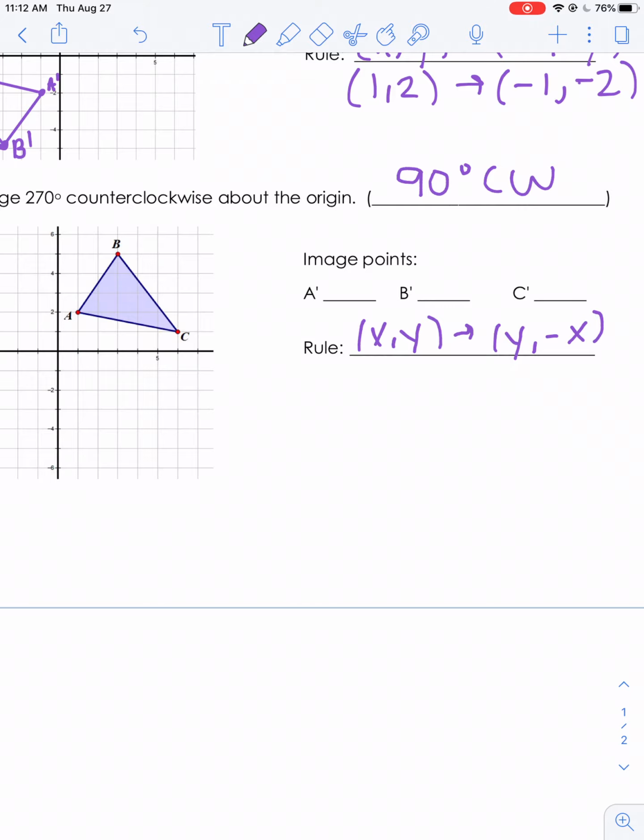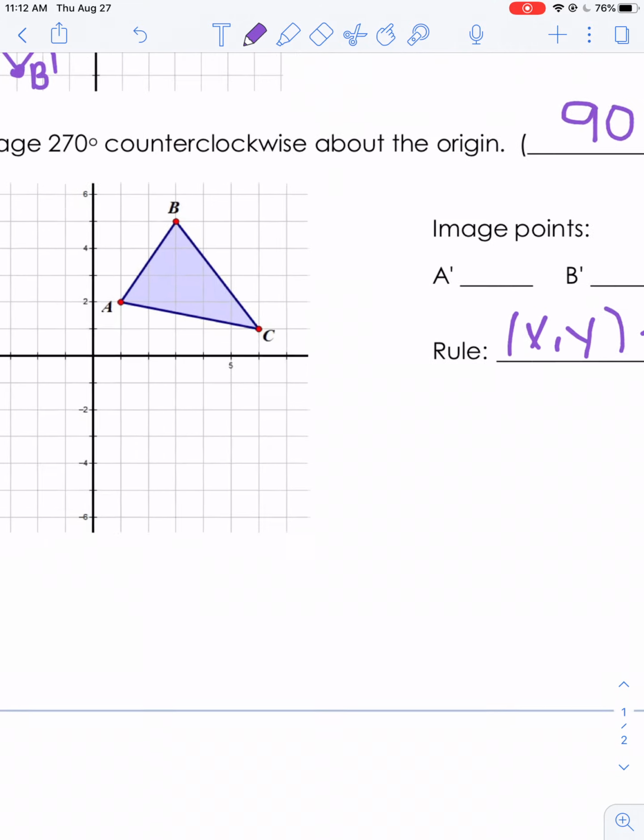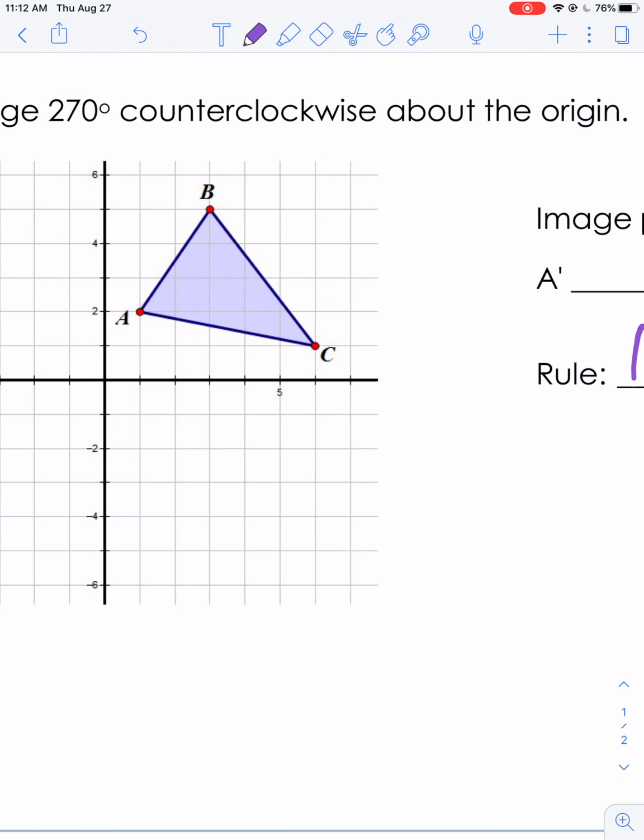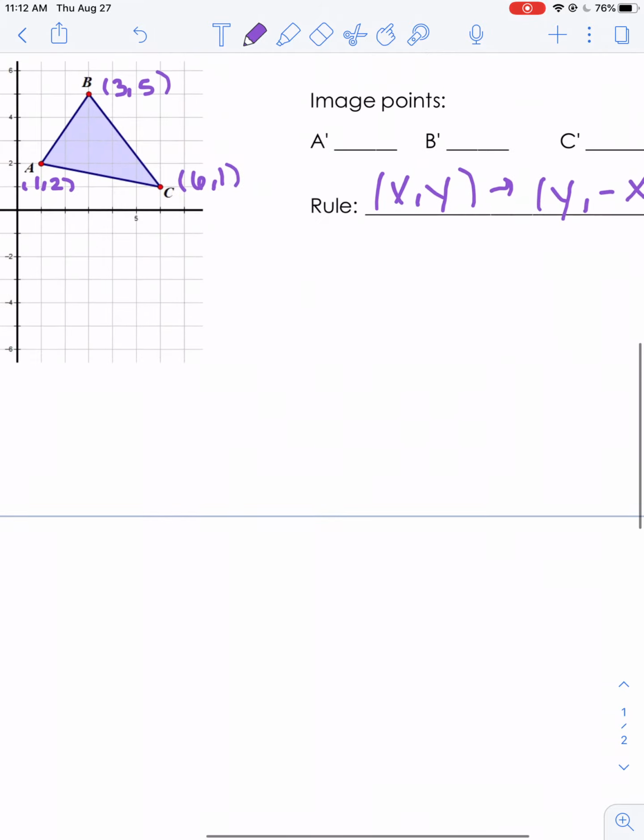So this time it's the x that changes signs. Now again, these points are at the same place as before. (1, 2), (3, 5), and (6, 1). And we're going to follow this rule to find the new points.